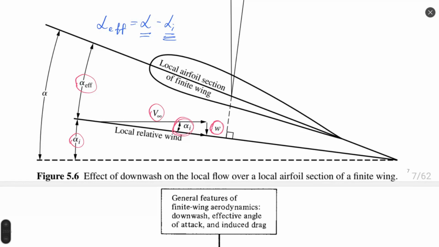And as you saw in my previous discussion, induced angle of attack can be calculated from distribution of circulation over the wing. And as a result, effective angle of attack can also be found as a function of gamma over the wing coordinate.